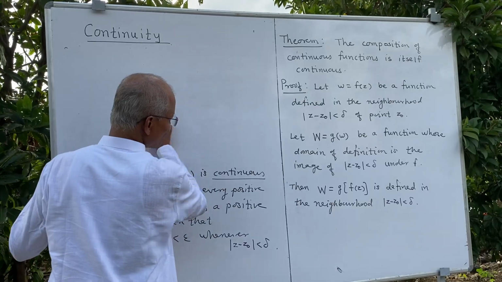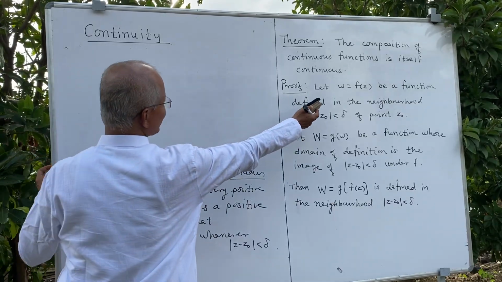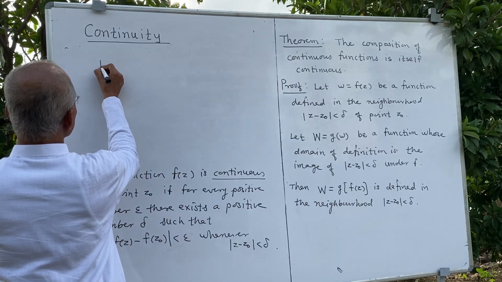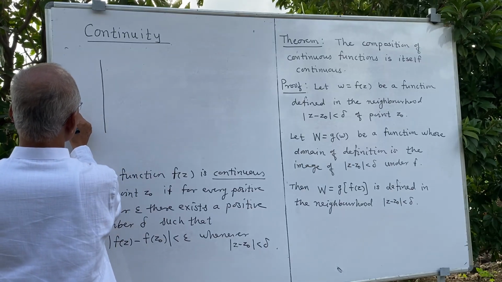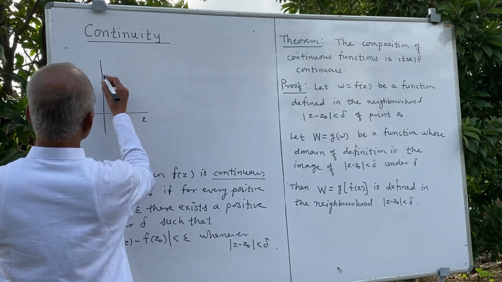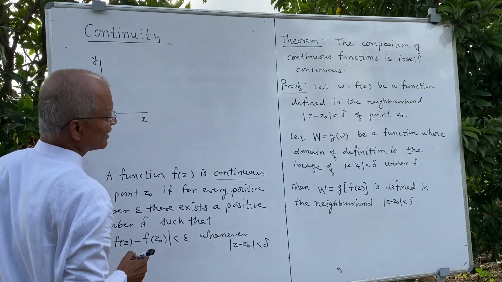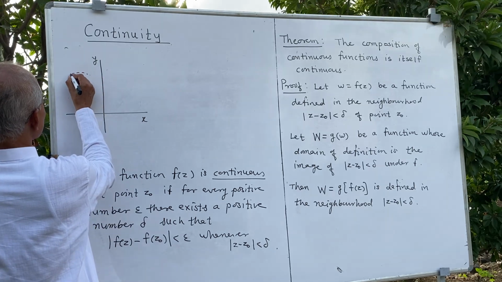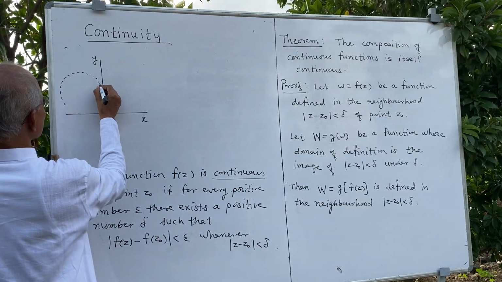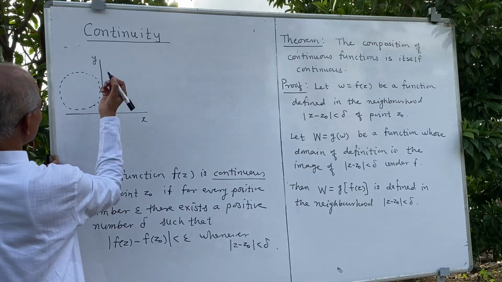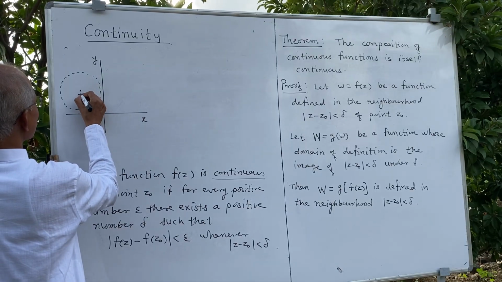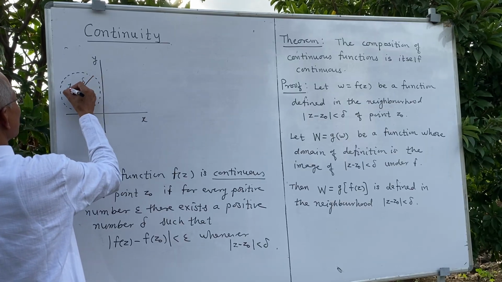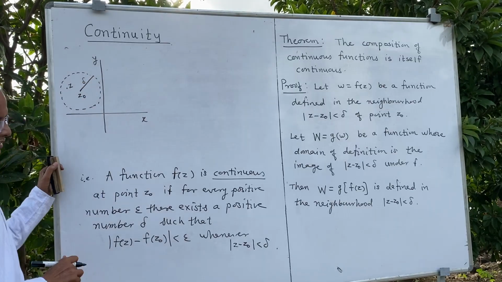First, consider the function f. In the z plane, we have to consider the delta neighborhood of z naught. This is z naught and this is delta, and z will be a point inside this disk.